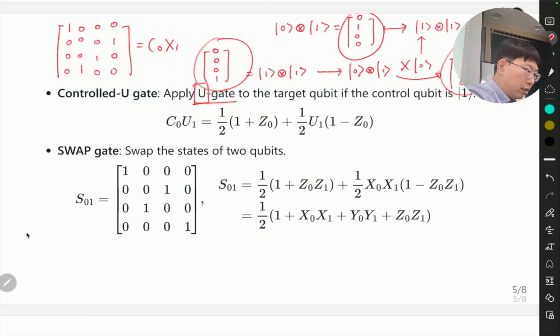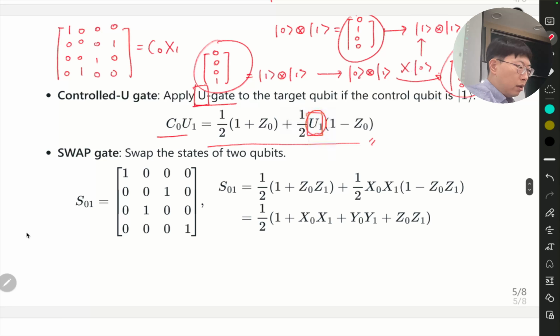So instead of putting X1 here, you can put U1 here to represent the same thing. Now, if you want to represent it in matrix form, it depends on what your unitary gate is, but you can always represent it as a 4x4 matrix.